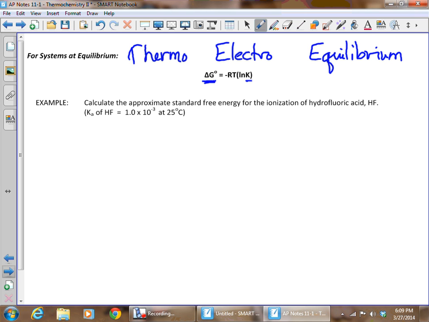So when I look at this example and it says calculate the approximate standard free energy for the ionization of hydrofluoric acid, HF, and it gives me a Ka, I automatically think thermo and equilibrium, and I think meaning of life equation. And which one am I going to use? The delta G equals negative Ratlink.